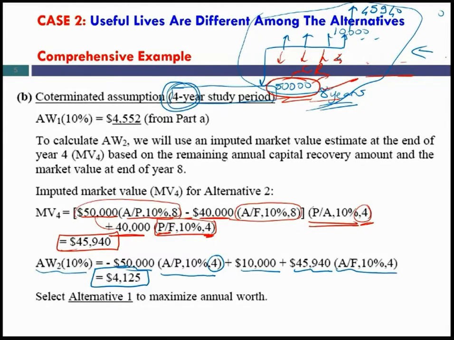What about alternative 1? We already found it in part A. Nothing has changed in part A, in the first alternative. And then we need to compare these two alternatives with each other and select the one which maximizes the annual worth. And as you can see, alternative 1 is the best alternative.